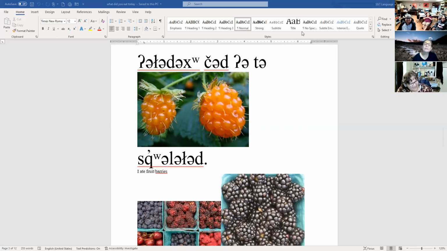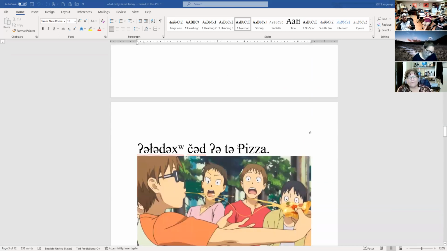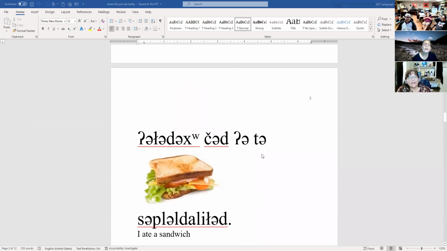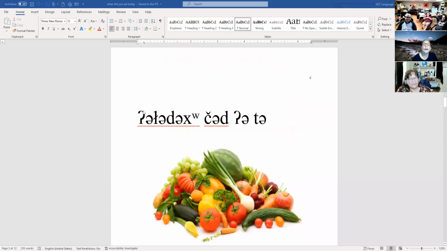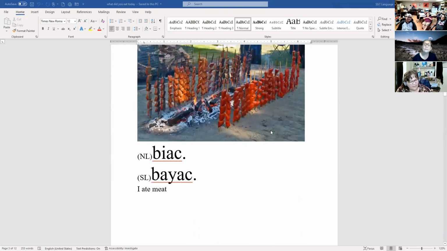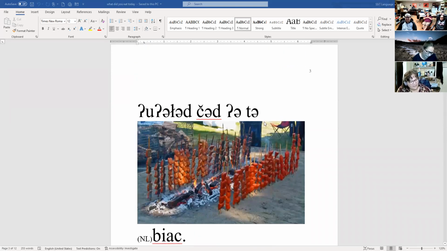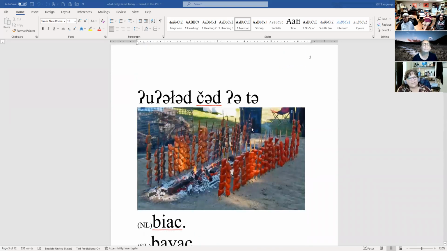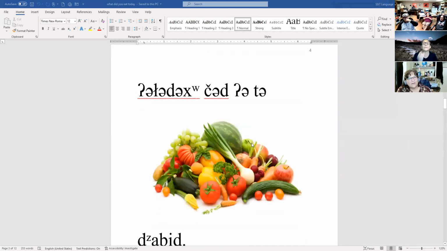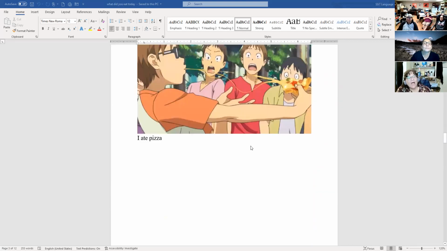So this line, if you haven't noticed, the top line is the same top line for almost everything except for the pizza. The pizza's right there. But then Ashad Achad. And then Ashad Ata. See, the first one that we ate was the meat.